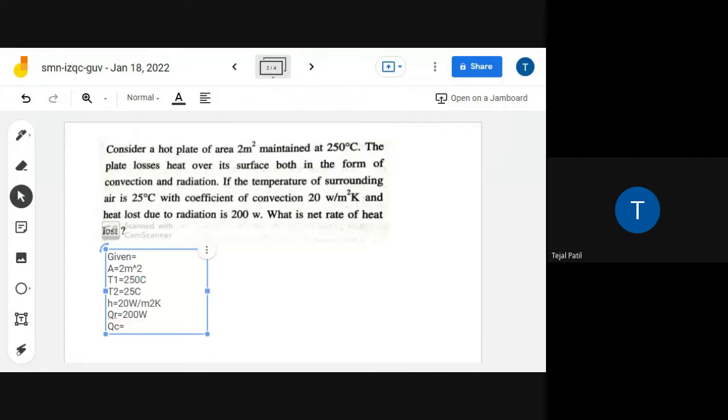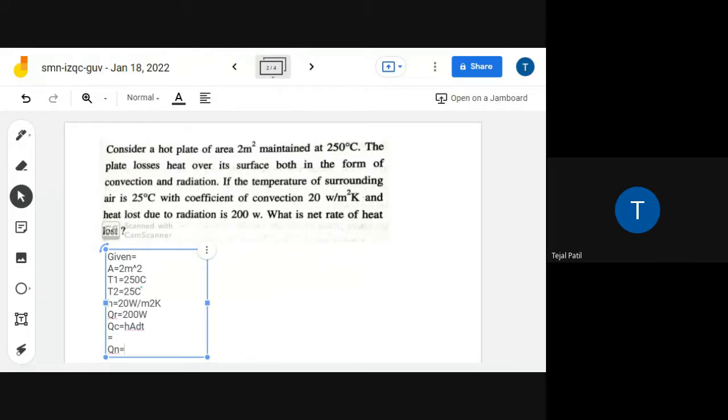For convection, the formula used is HA into the difference in temperature. H is given, area is given, and the two temperatures are also known. So simply put and tell me the answer. What is the QC? And after that, add it with the QR and tell me the net heat lost.